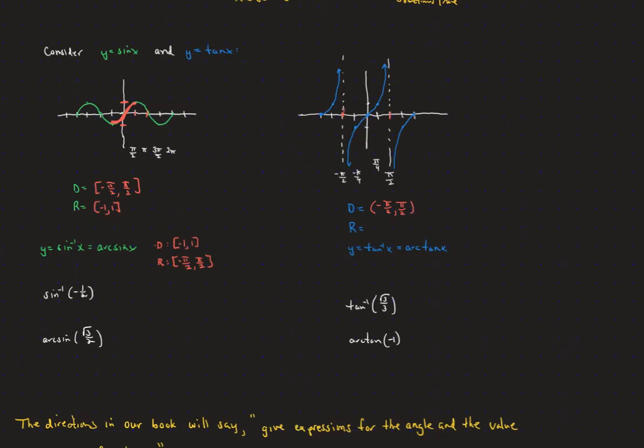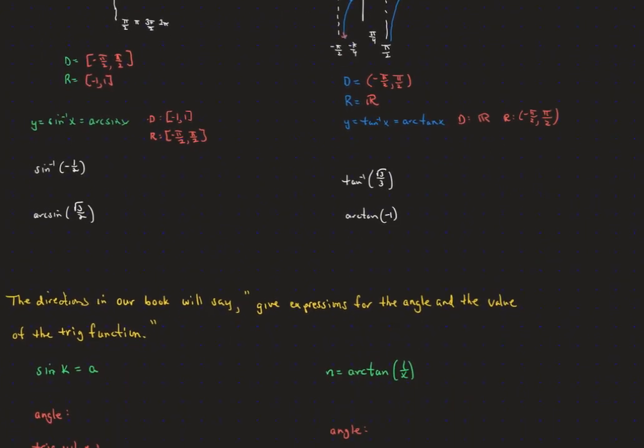Our range, because a tangent goes forever up and forever down, will be all real numbers. So for an inverse tangent or arctangent, its domain will be all real numbers, and its range will only get angles between negative pi over 2 and pi over 2. So sine and tangent are very similar, and cosine is kind of the outlier.